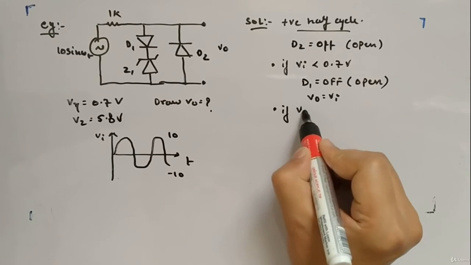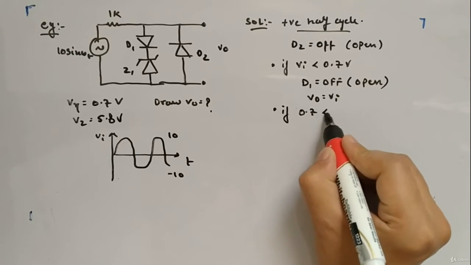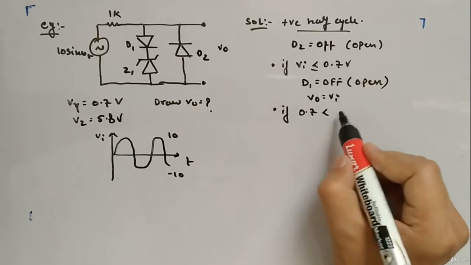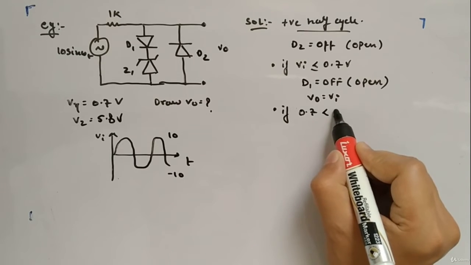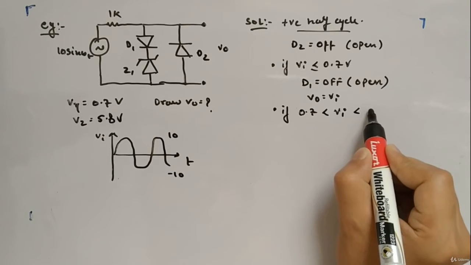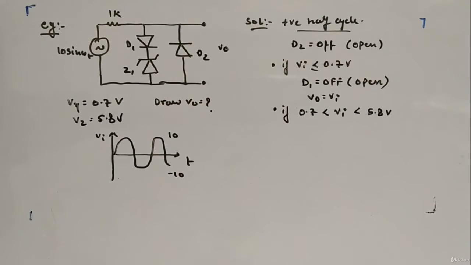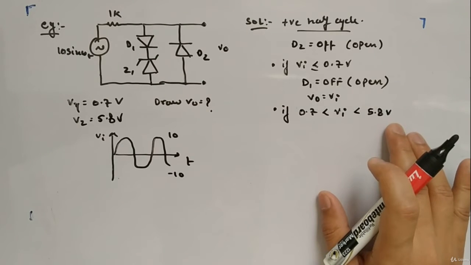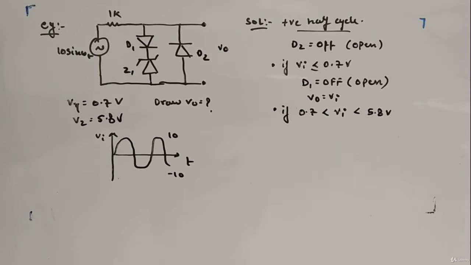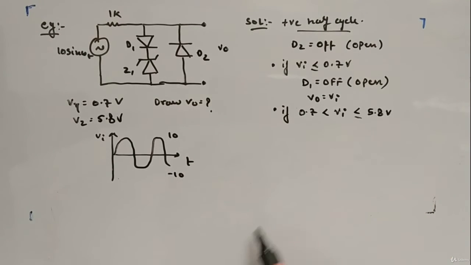Okay, if Vi is greater than 0.7 and less than 5.8 volt, sorry, I should write, okay, I should see if it is less than or equal, let's say.